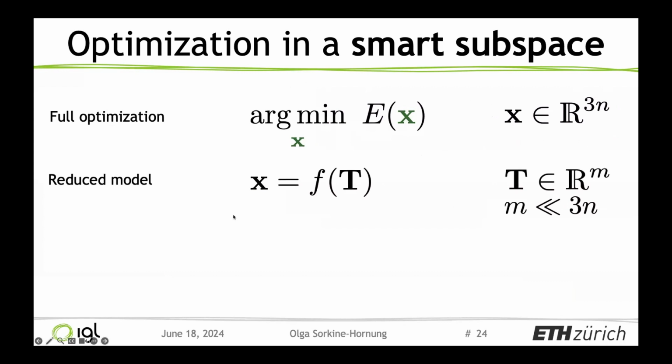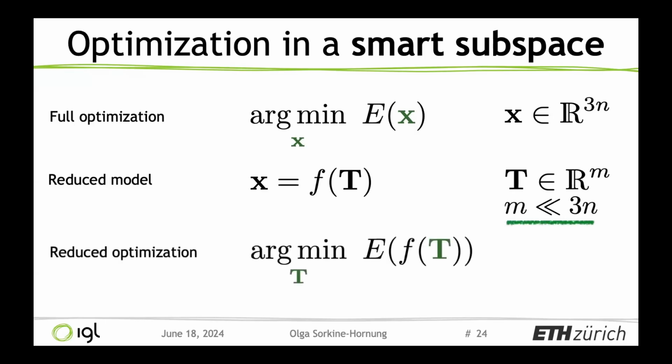But let's try to find a meaningful reduced model where we replace X by this formulation f of t, and t is the parameters of the reduced model. So it's living in some m-dimensional space where m is much, much smaller than n, because we know that most deformations are not going to be meaningful. So the meaningful ones are all the vertices of the mesh are somehow correlated, obviously.